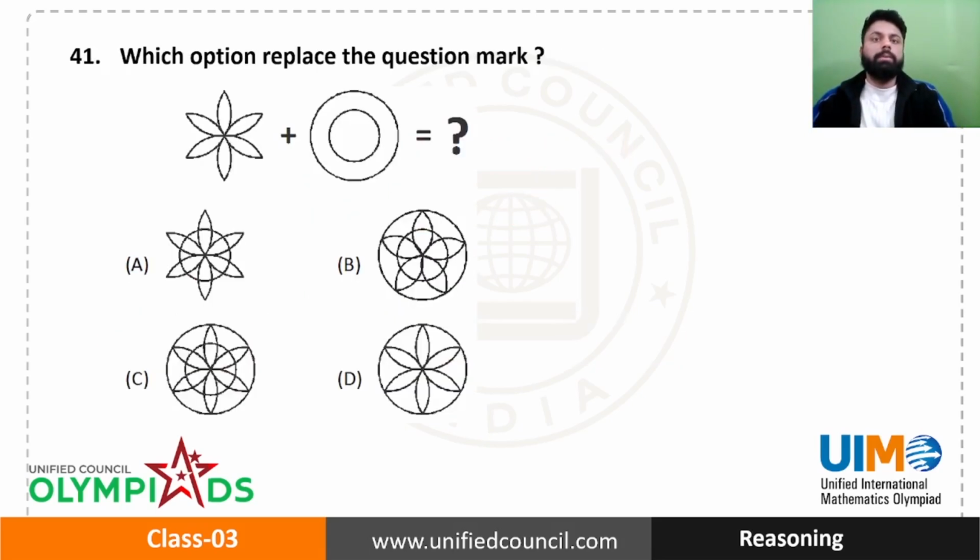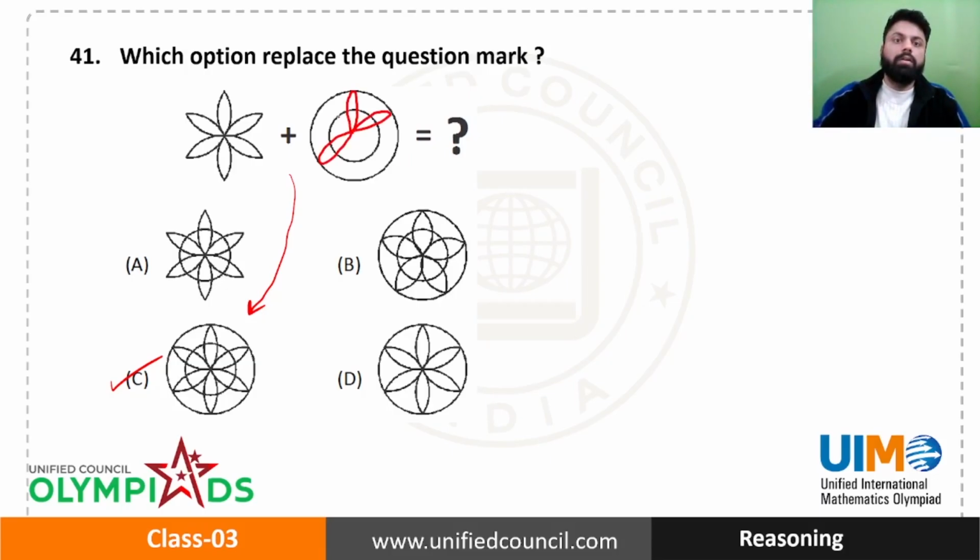Next one, which option replaces the question mark? If we overlap these two figures, this will be exactly like option C. We are just overlapping them, and this is the shape which is forming. That is the C option.